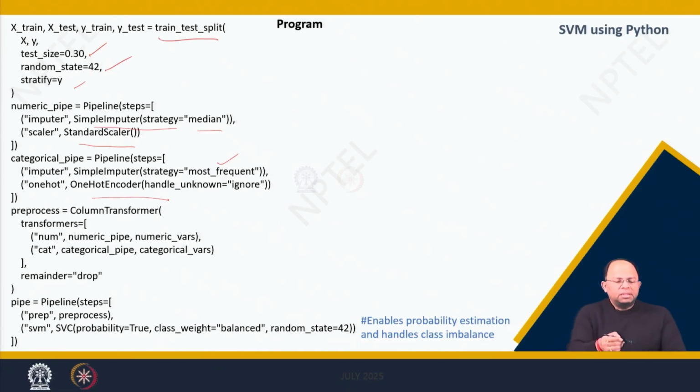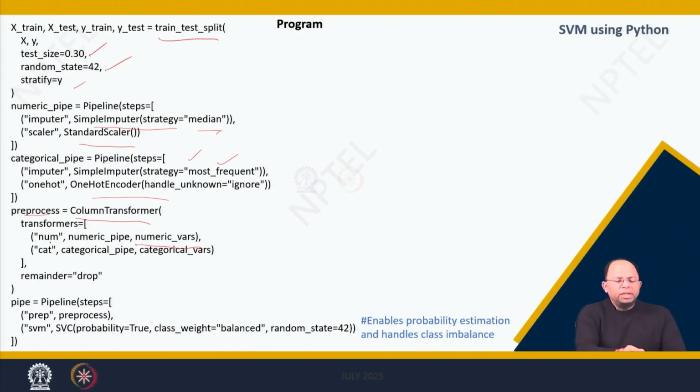Then we have the column transformer. Using the transformer, we create the pre-process step where we are calling these two particular steps.